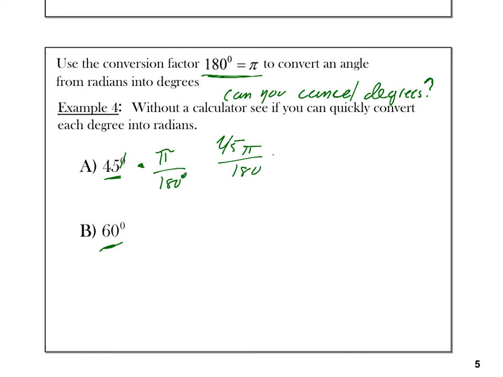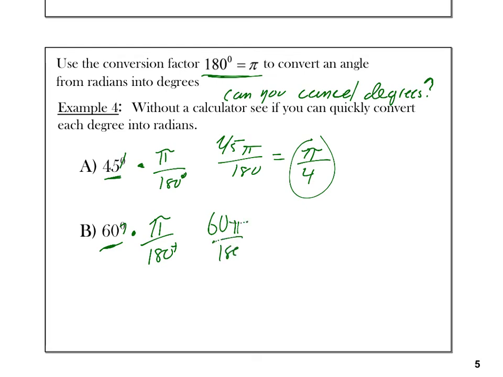But I can simplify that, and that's just going to be pi over 4. 60 degrees, same idea. Cancel out degrees. That simplifies to pi over 3. See if you can do that without any problems or issues, without having to use a calculator. Come on, have some mental math about you. You can do it. I have faith in you.